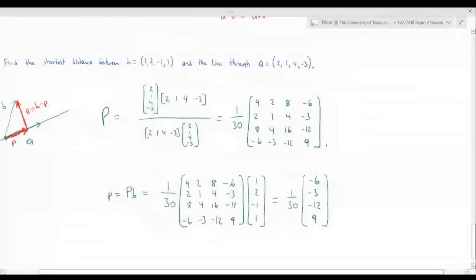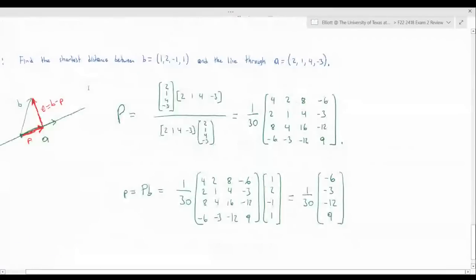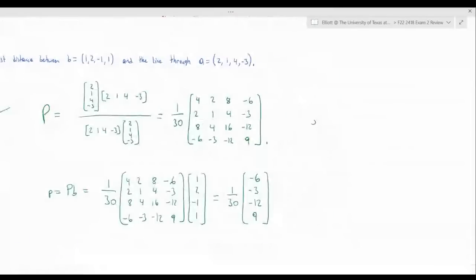So that's going to be your projection vector, but that's not the answer to the question though, right? So what we're going to do is calculate the error vector next, which is just b minus p. So b was 1, 2, minus 1, 1.